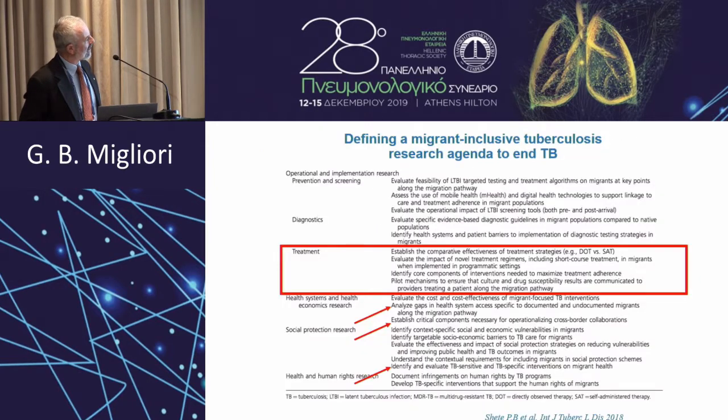And these priorities are reflected also in the priorities for research, where on top of looking which models are the better to screen, to prevent, to diagnose, to treat, etc., we need also to have research on health system and health economic research, on social protection research, and on health and human rights research.